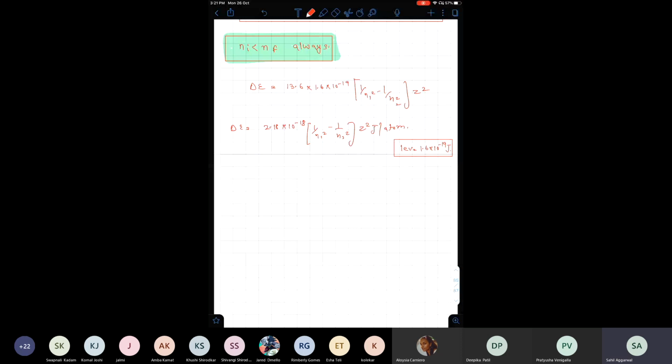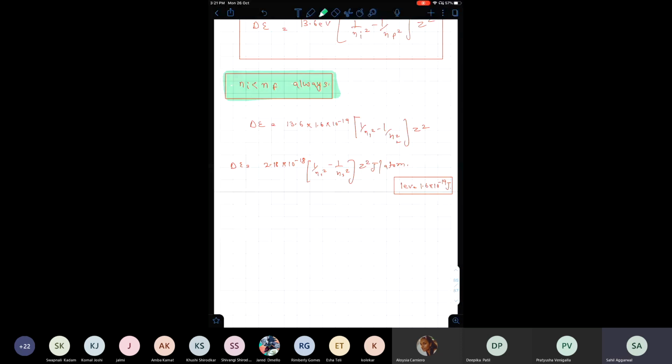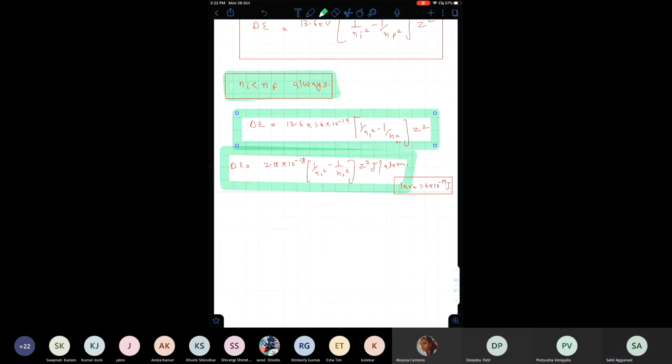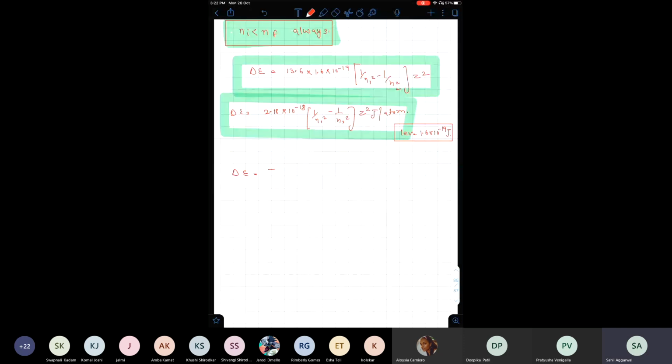Okay. So you can use this also for joule purpose, and for electron volt, you can use this. Even we know delta E will be equal to hc by lambda.